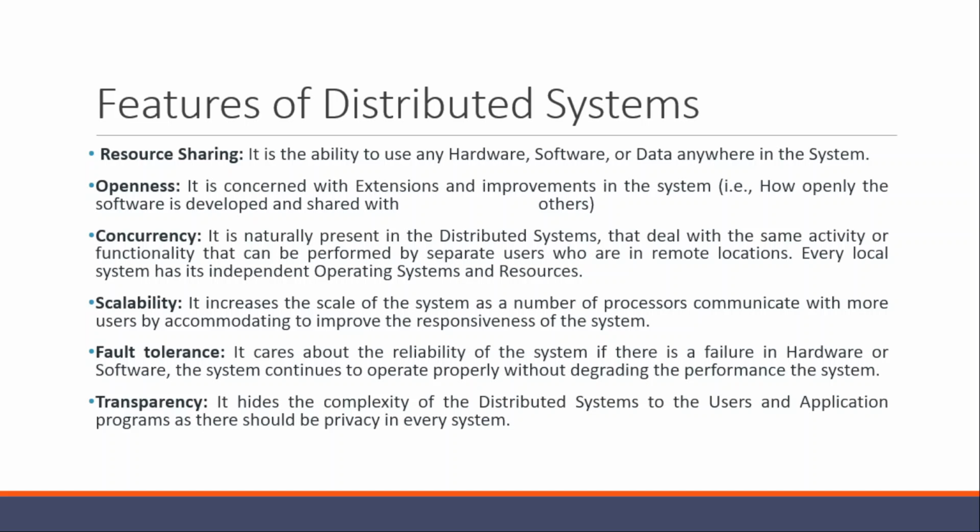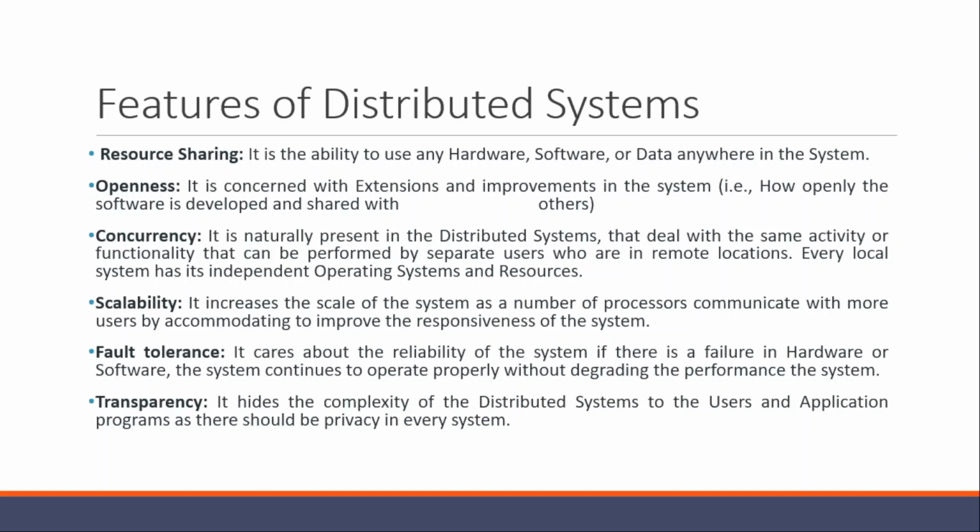Transparency means the distributed system must be able to hide the complexity of the distributed system from users and application programs. As core features, it should have concurrency, which provides shared database access.